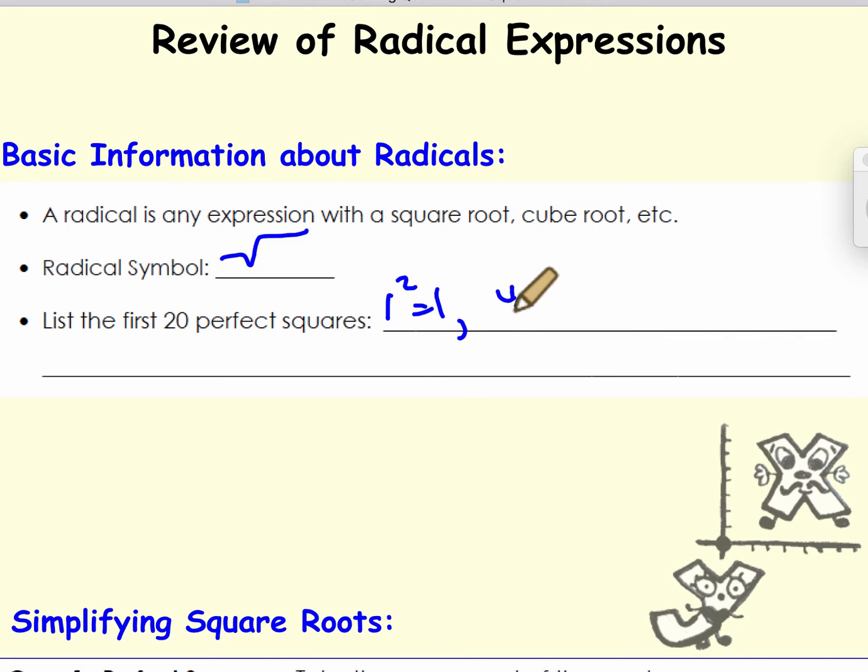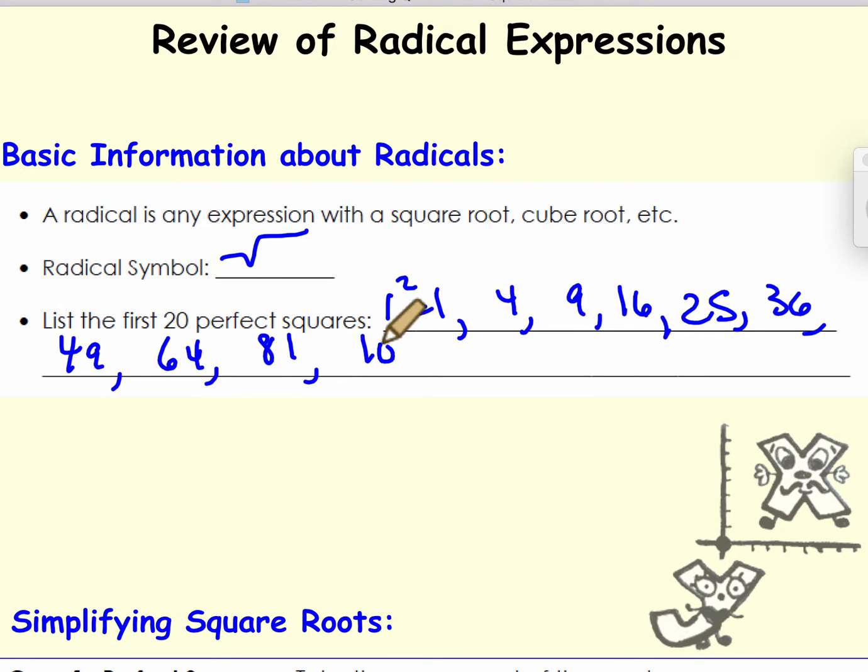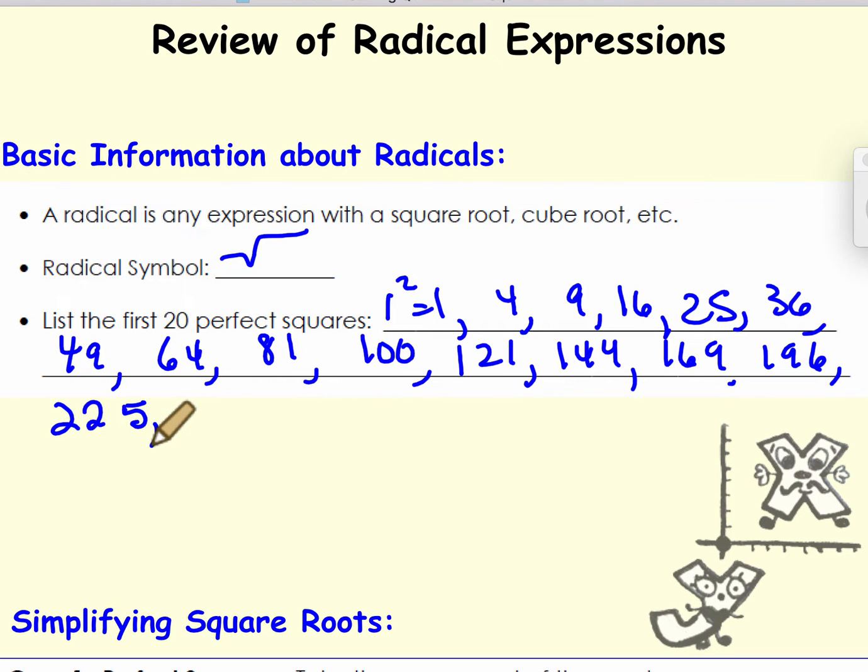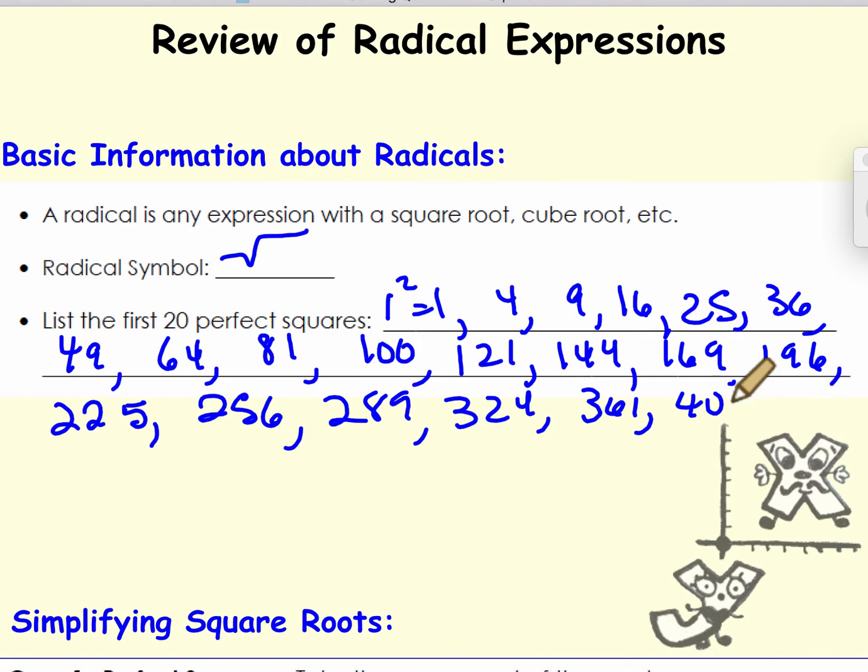The next perfect square would be 4, 9, 16, 25, 36, 49, 64, 81, 100. 11 squared is 121, 12 squared is 144, 13 squared is 169, 14 squared is 196, 15 squared is 225, and there you have it. So it's just making sure we're familiar with them.